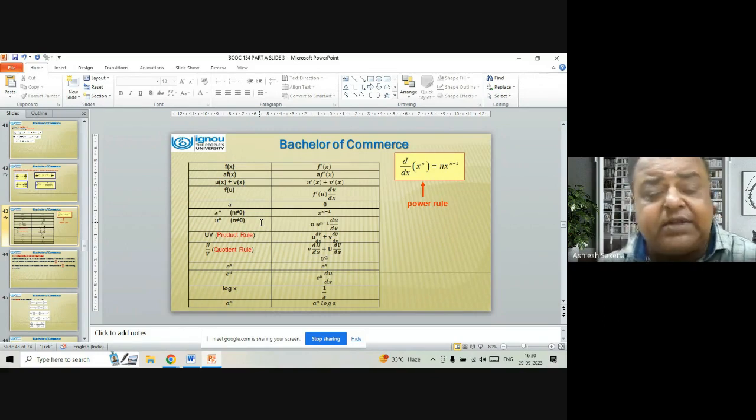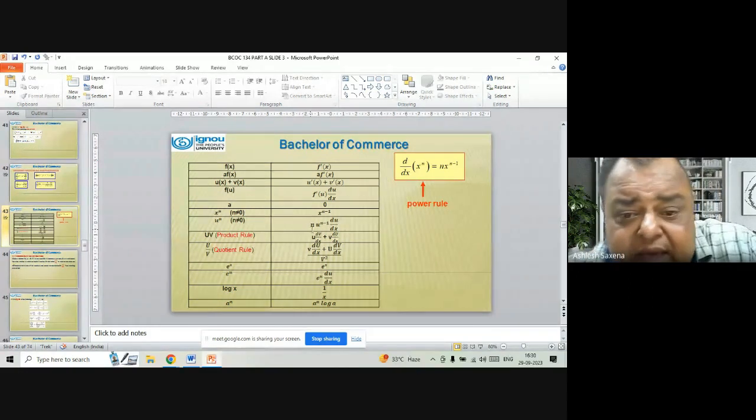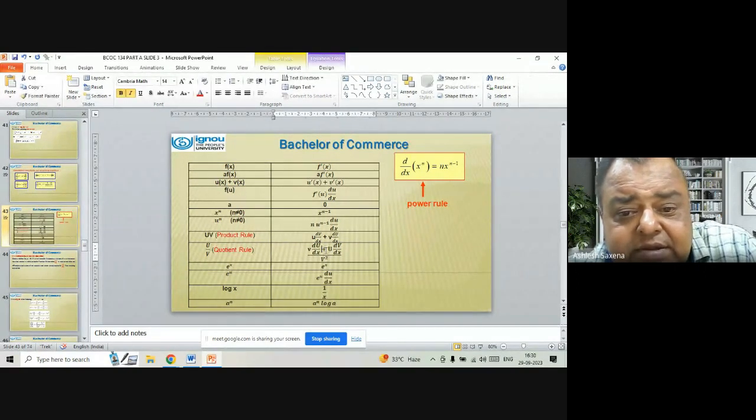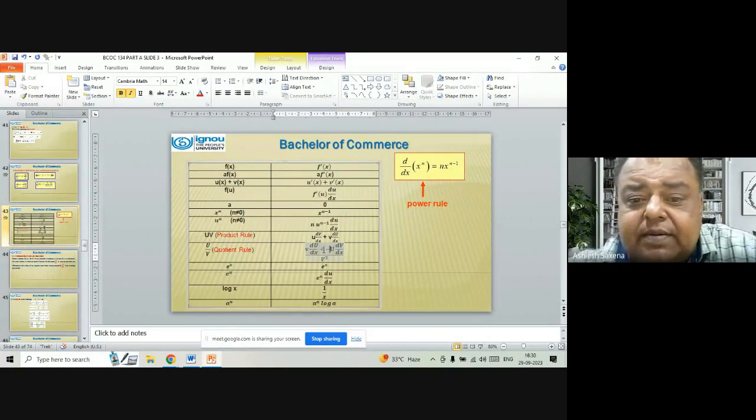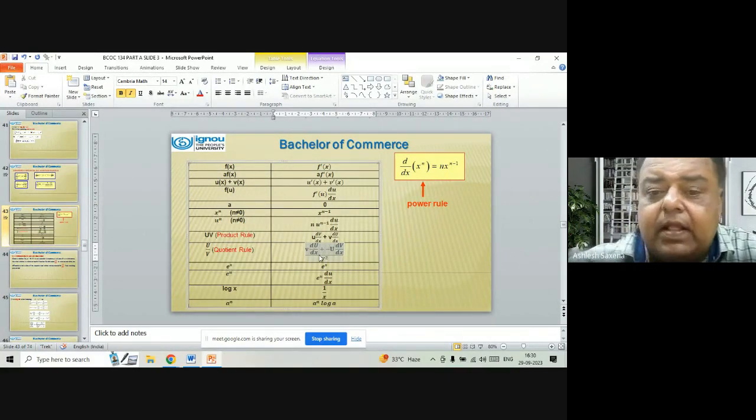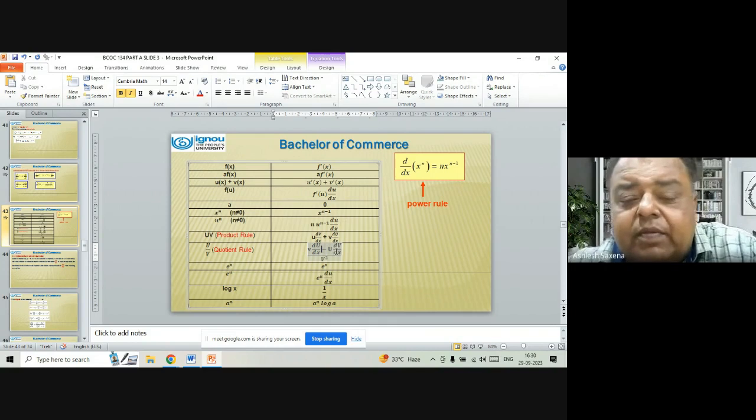The u by v form is: square the denominator, bring that square in the denominator, and multiply by the derivative of the numerator. Minus, it's not plus, it's minus, the second function or the denominator or the numerator into the derivative of the denominator.